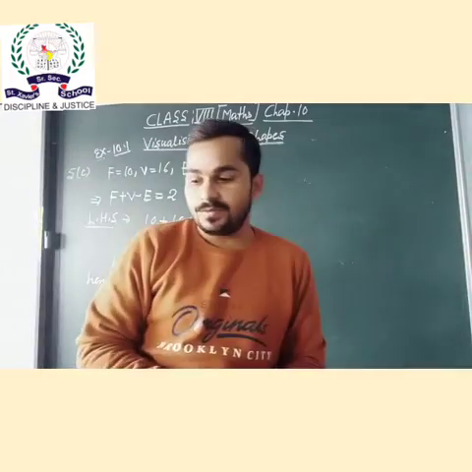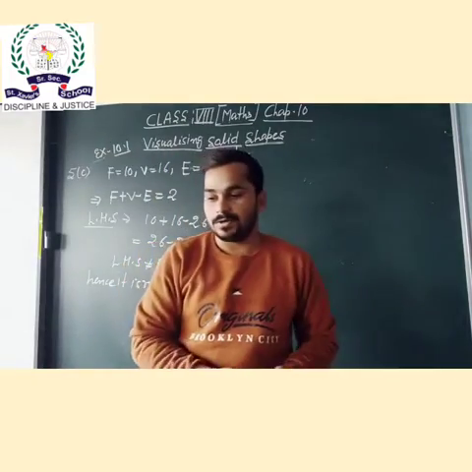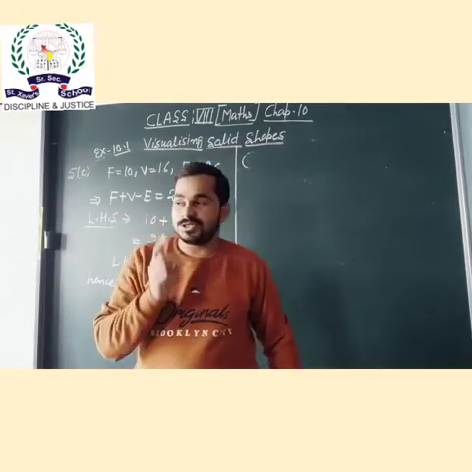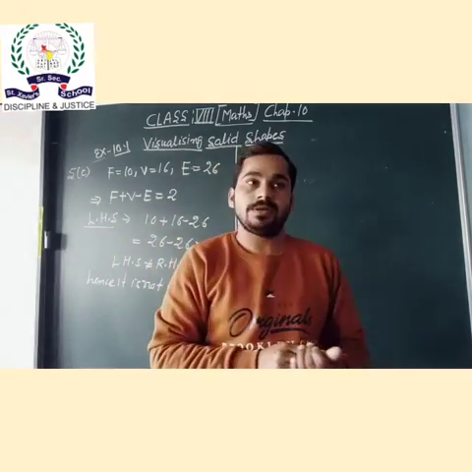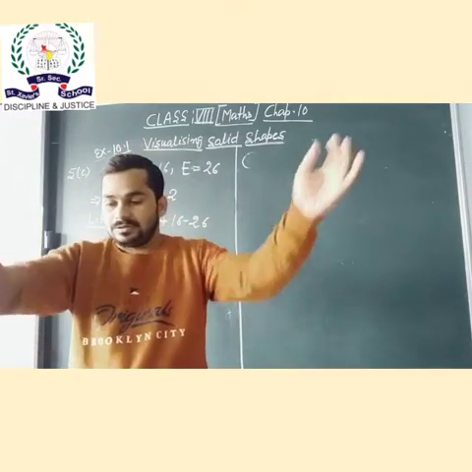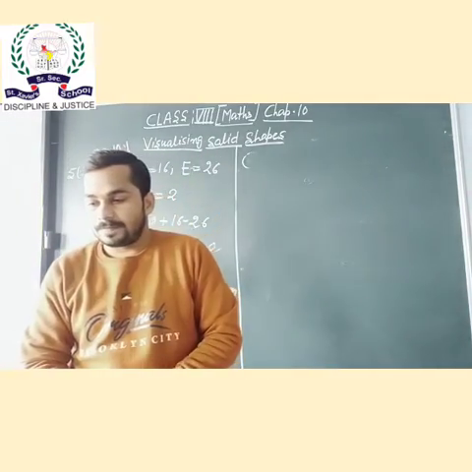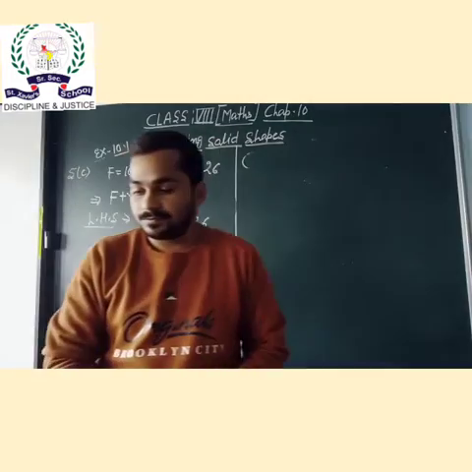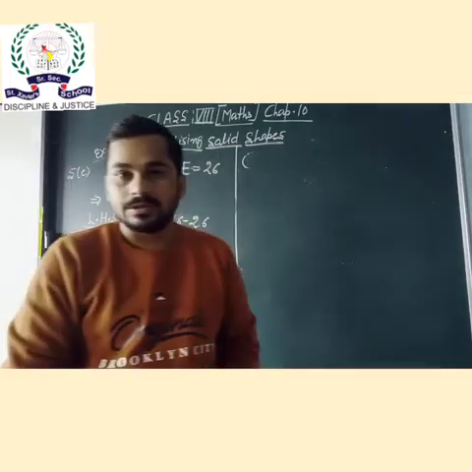Now question number 6, verify Euler's formula for the 3D figures. So find out the number of faces, vertices and edges and put the values in Euler's formula. You have to find out. Then nets of solids are given.